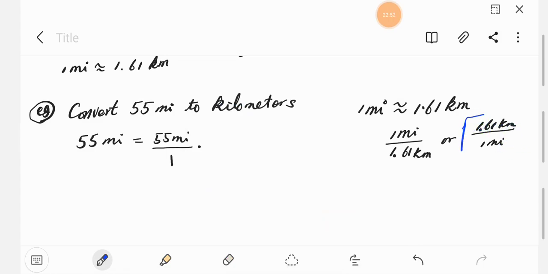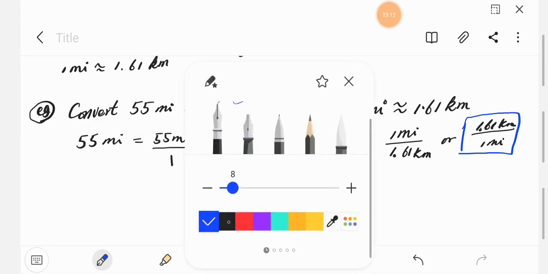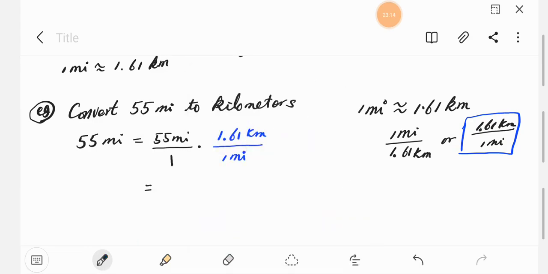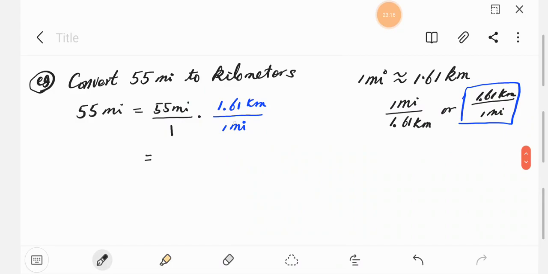What we're going to use this time is this one. Why? Because we want to remove the mile from the numerator, so we need a conversion rate that contains mile in the denominator. So write mile in the denominator and 1.61 kilometers in the numerator. You can cancel out the unit mile.